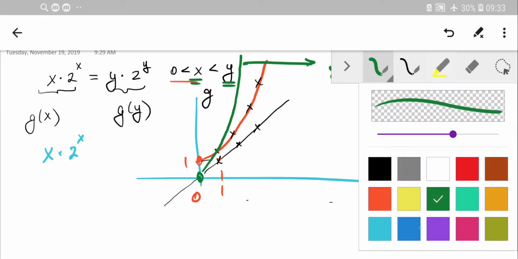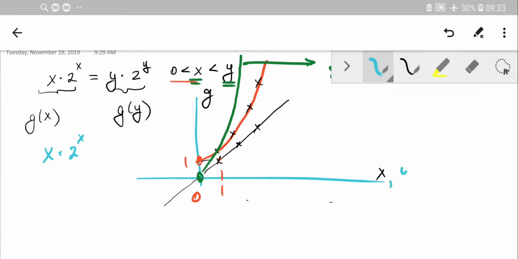If we lay out also the curve from y, so basically g from y, we can say that because y is always more than x, all the values for the second function, g from y, which is equal to y times 2 to the power y, are always bigger than the corresponding value for g from x.